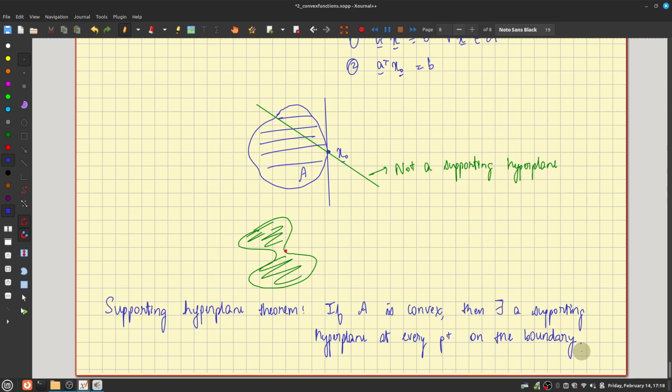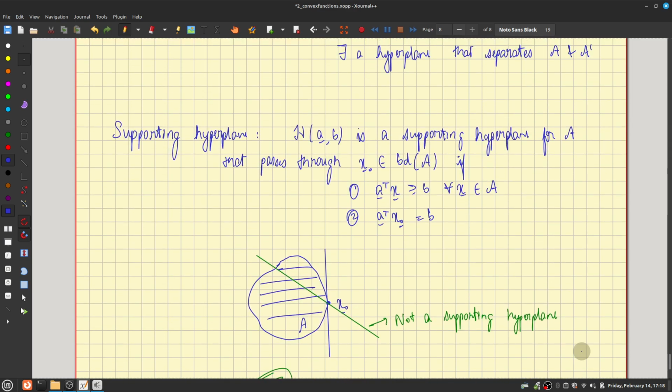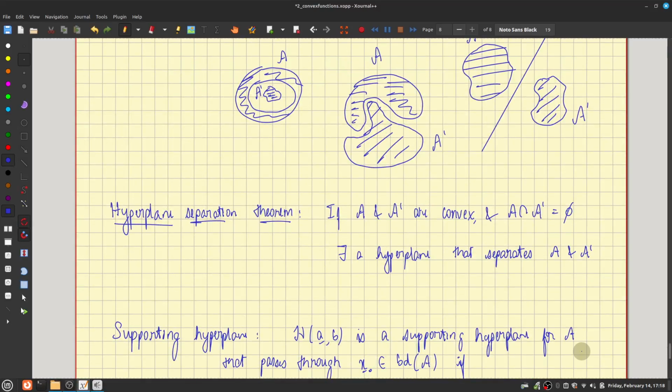Which one? The supporting hyperplane theorem. In a sense, the supporting hyperplane theorem follows from the hyperplane separation theorem. We just take one point, which is x naught, that is one set, and you take the entire interior of the set A, put it in another set.